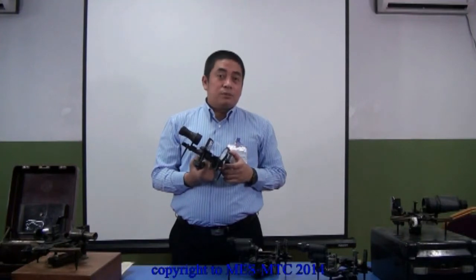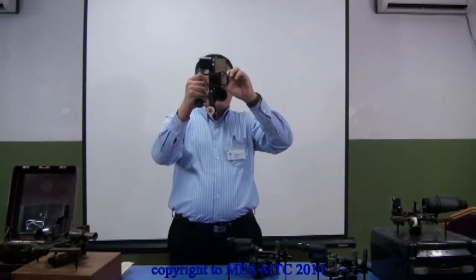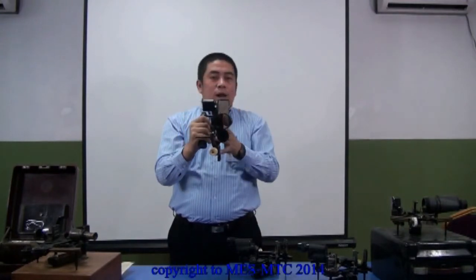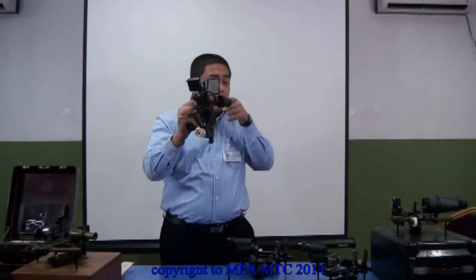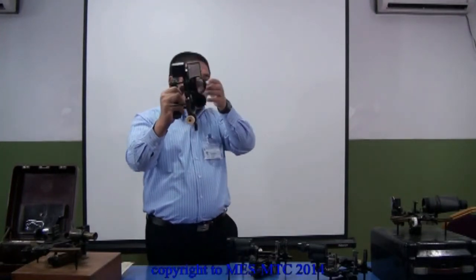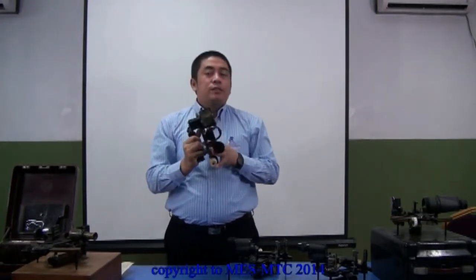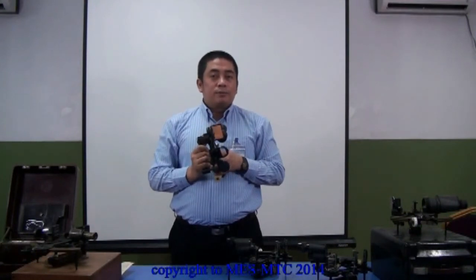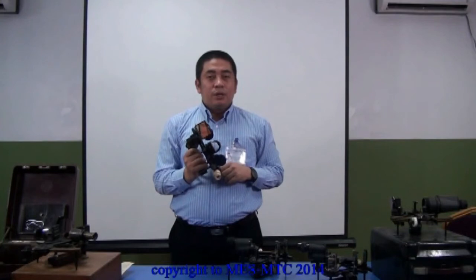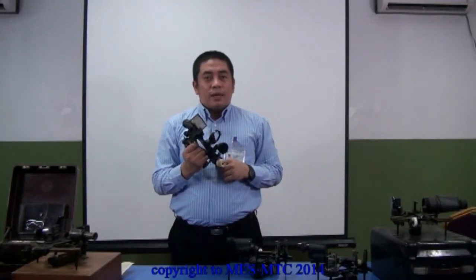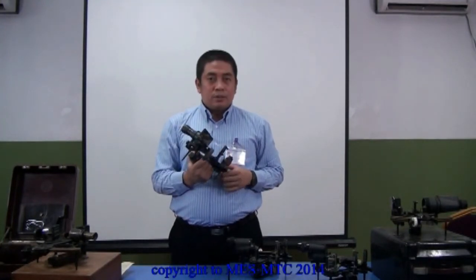Collimation error is caused because the axis of your telescope is not parallel with the plane of the sextant. If the axis of the telescope is not parallel with the plane of the sextant, you will have a collimation error. These errors cannot be adjusted by the user, so they are noted as non-adjustable errors.